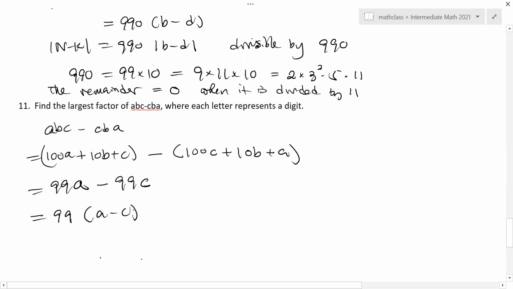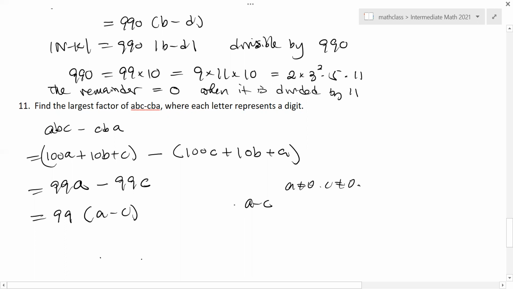Now, A minus C can be any number. It could be 0, could be 1, right? What is the possible value of A minus C? It depends, right? A cannot be 0, C cannot be 0, otherwise those are not three-digit numbers, right?